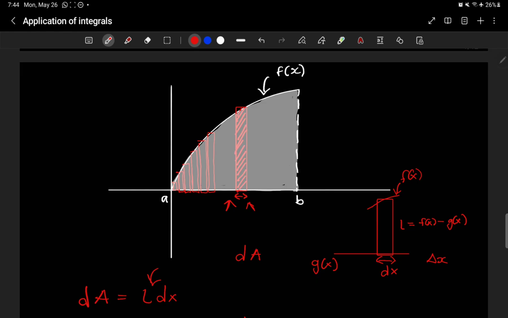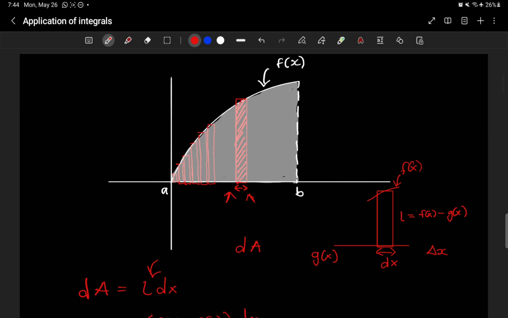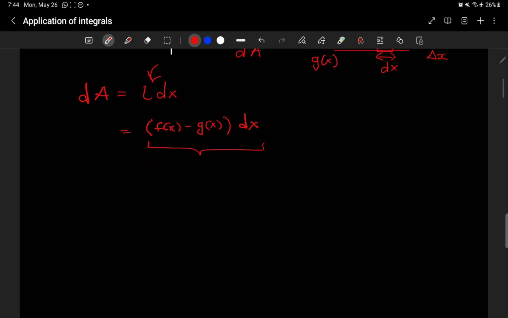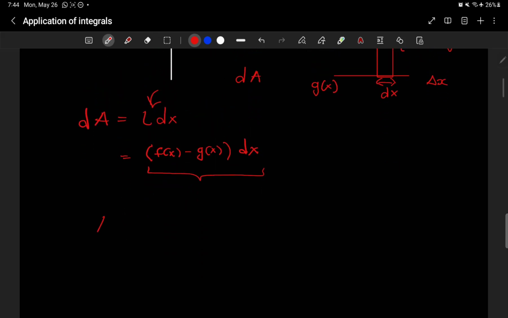Now, because an integral can be used to get a sum over multiple values or expressions, to get the summation of all such rectangles spanning from the smallest value of x to the largest value of x, we're going to use an integral. When you integrate, on the left side we'll remain with the overall area. On the right side, we'll have the integral from a to b of f of x minus g of x with respect to x.